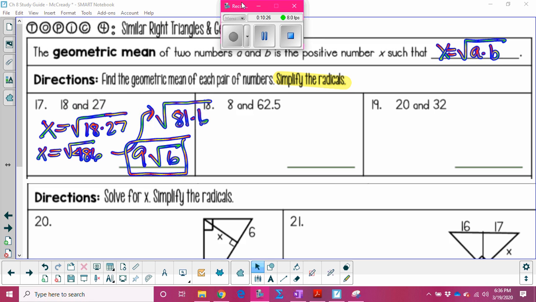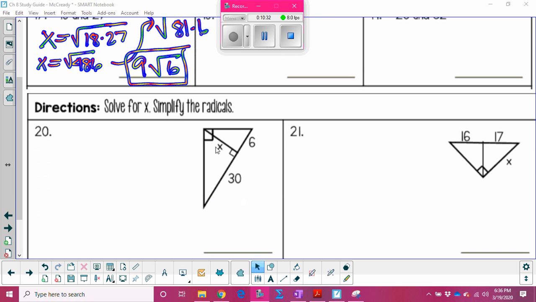Okay, let's look at number 20. Okay, so here we're going to use our knowledge of how to use these with the triangles. So we have the altitude of the triangle, which is x. So we have x squared is going to equal the two segments of the hypotenuse multiplied together. So 30 times 6.